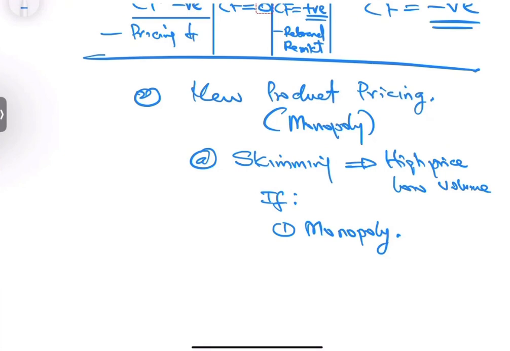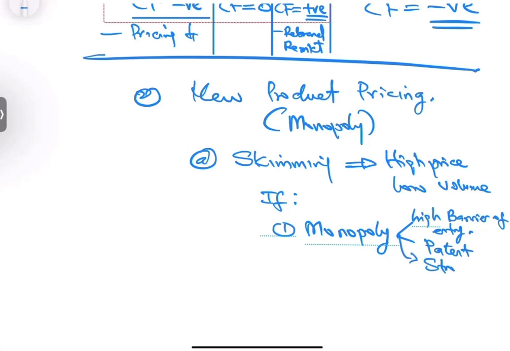You call the shots. And you have this monopoly either maybe because there is high barrier of entry, if you remember your BT, or you have a patent, which you are the only one that has, nobody else. It might even be a strong brand that is creating this for you.